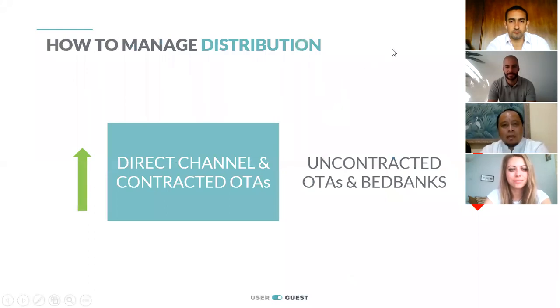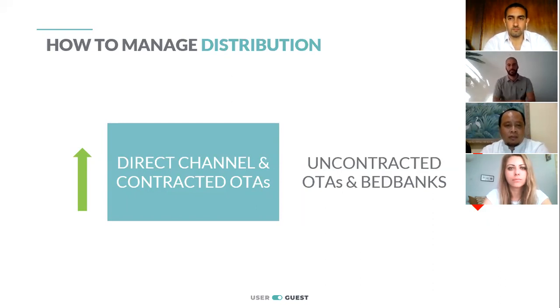So basically, when dealing with your distribution or when managing your reservations, you have to make sure that your direct channels and the contracted OTAs are the ones that you should be paying attention to. You have to make sure that in terms of availability and rate, they are competitive, not only better than others, but also providing value, as Safina already mentioned.